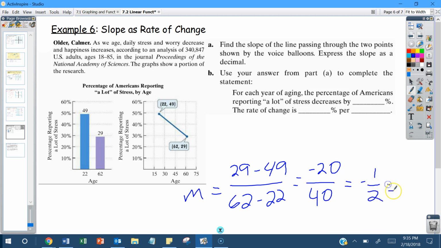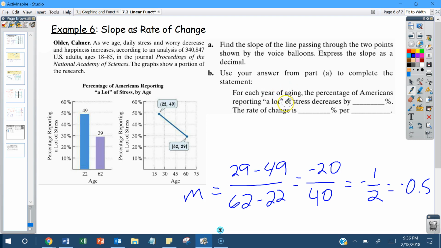For the purpose of this problem, we'll call this negative 0.5. So the rate of change is negative 0.5. We can interpret this as rise over run. If we go down 1, we're going to go to the right 2. The rise is negative 1, the run is 2. So down 1 to the right 2. This is how we would interpret this rate of change in this context.